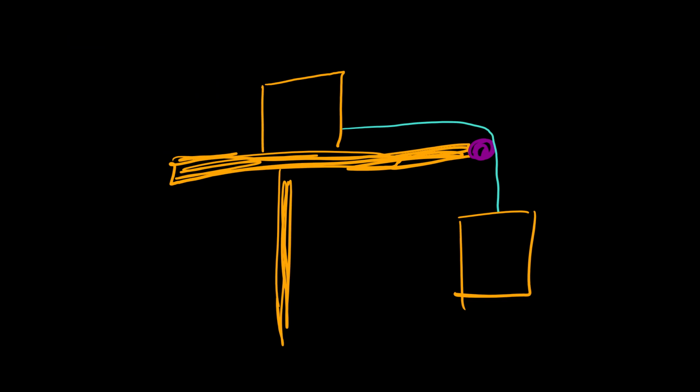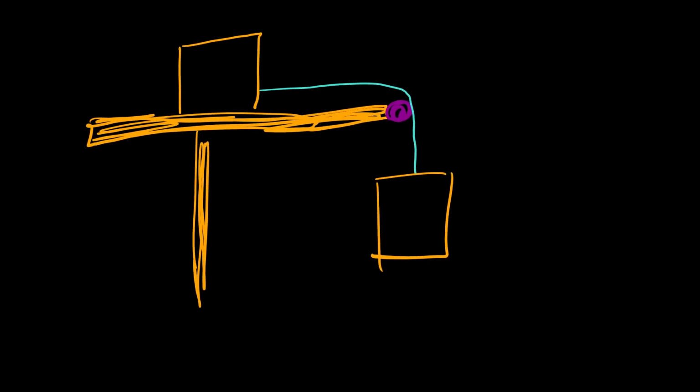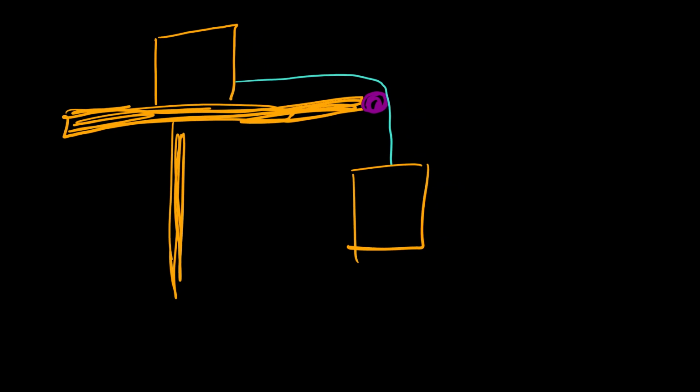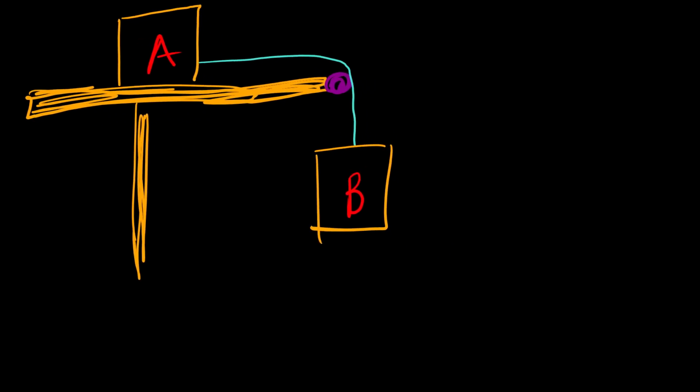Our next scenario, we can see we have two objects connected by a rope. One of the objects is on top of a flat surface, and the other one is hanging. Now suppose this is object A, this is B. So the free body diagram of A, the system is stationary, by the way.